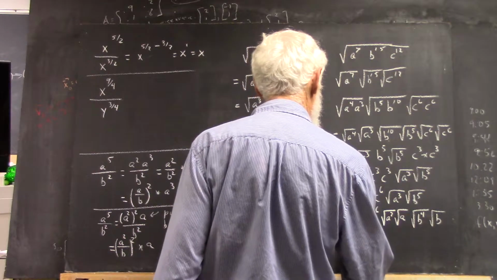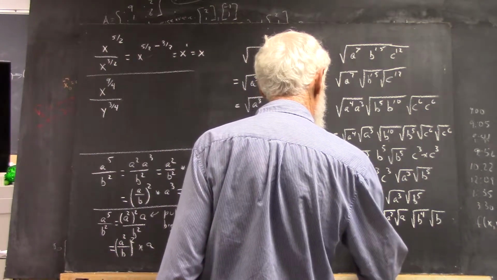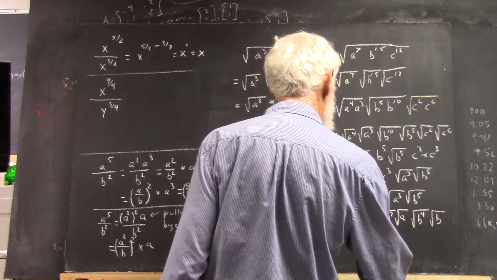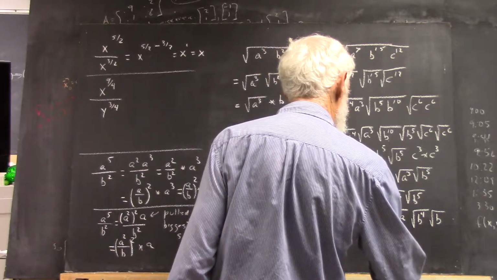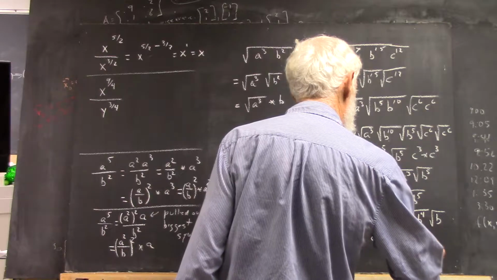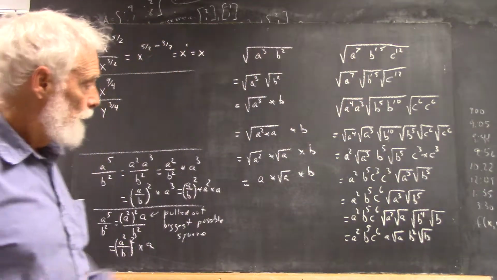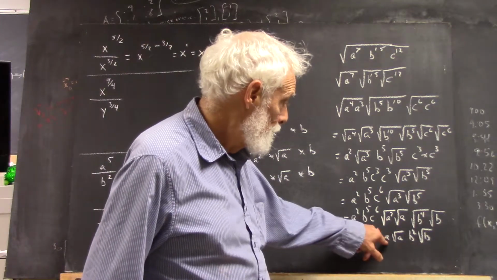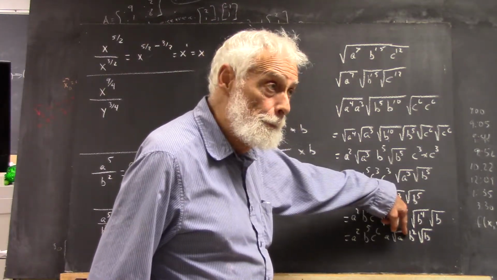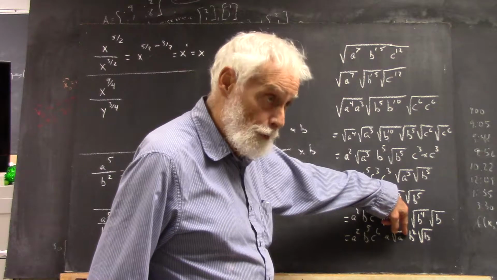Well, now I have a squared, b to the fifth, c to the sixth, a, square root of a, b squared, square root of b, right? Right. Because the square root of a squared is a, the square root of b to the fourth is b squared. Okay?